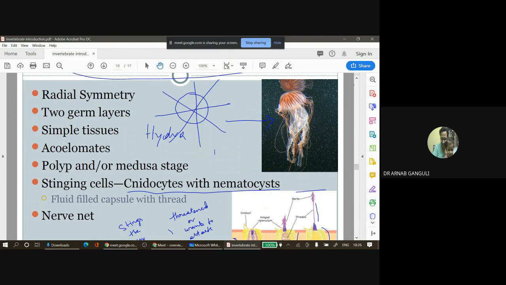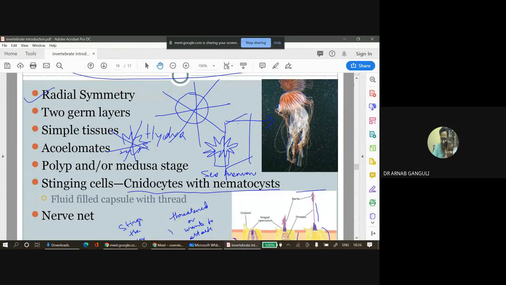Or if you see a sea anemone, from the top, you can keep on dividing it in different planes. You'll have equal halves on all this. So they have a radial symmetry.